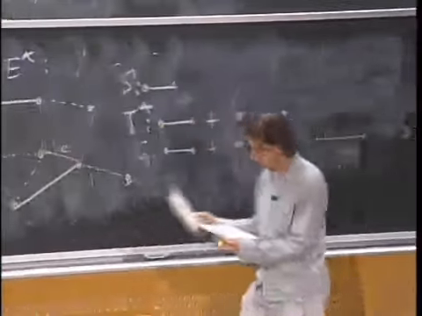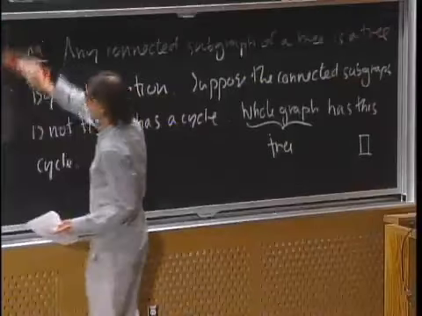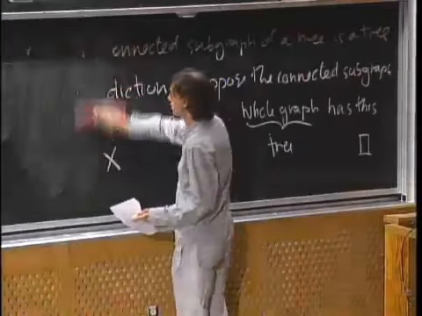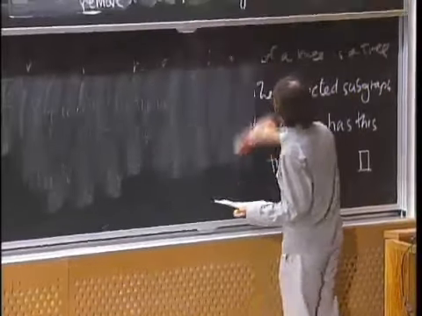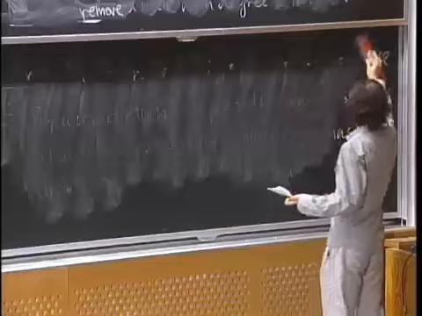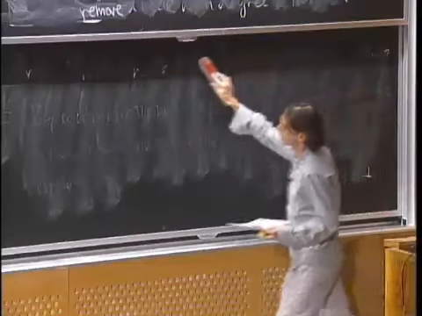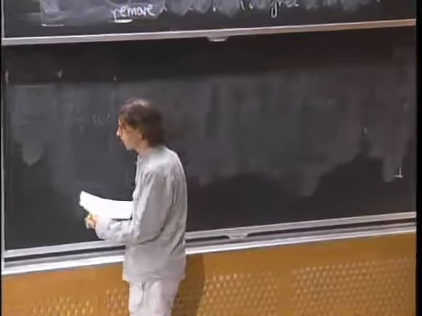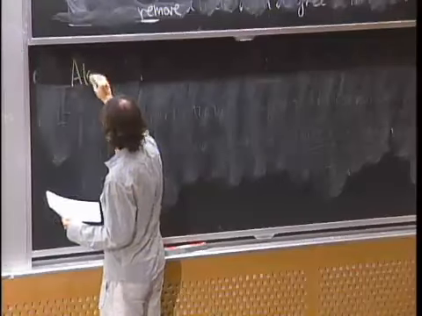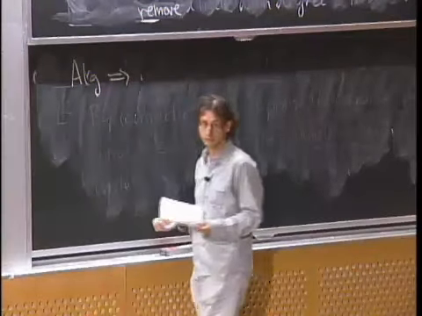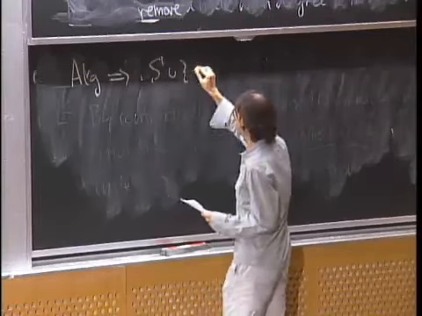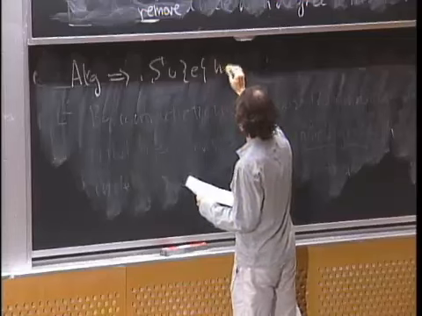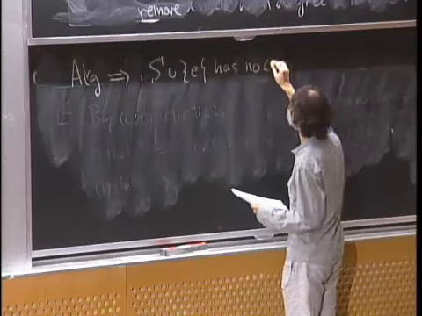So the way to do this is to figure out what the algorithm teaches us about E, and also what the tree property tells us. So let's combine all our knowledge. So first of all, we know that the algorithm, from its definition, implies that S together with E has no cycle.